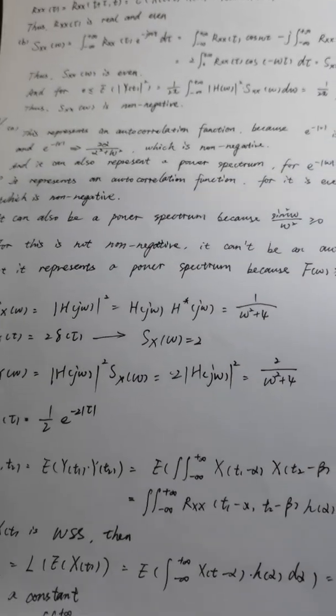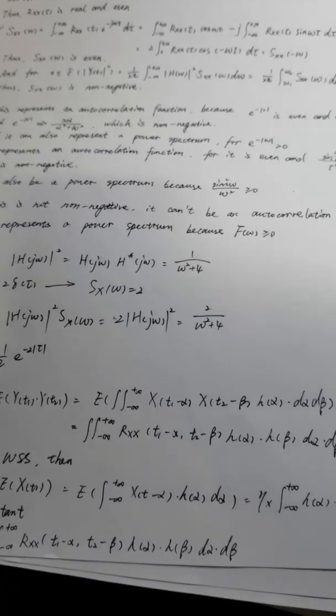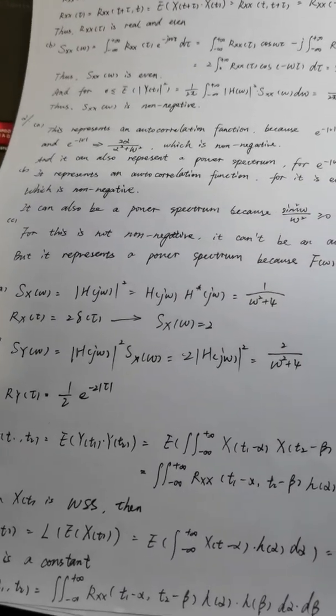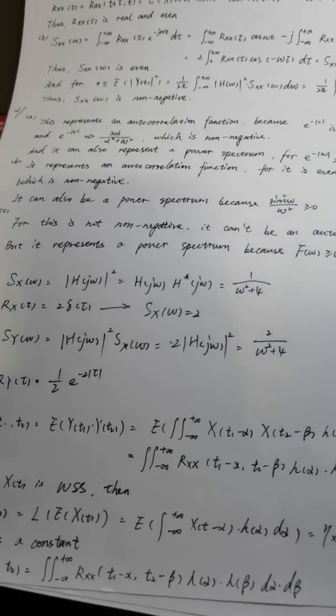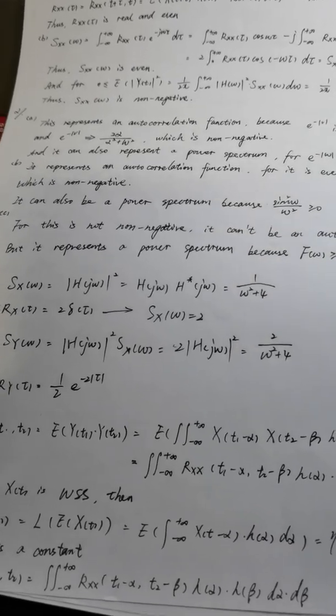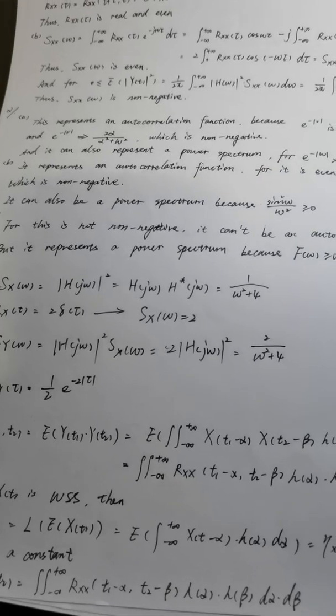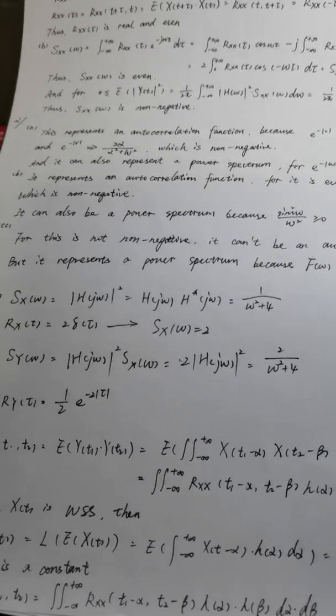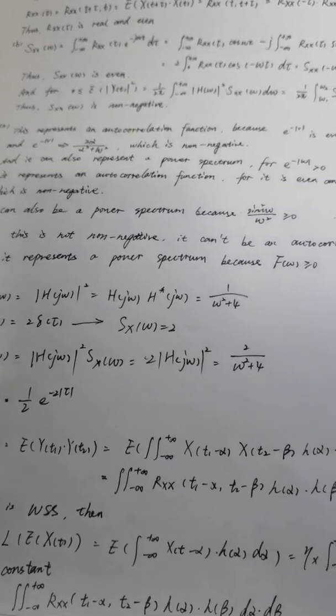So we can see that it is non-negative. And for the second part, it may represent a power spectrum also because sine omega squared divided by omega squared is always larger or equal to 0, which is a non-negative function.